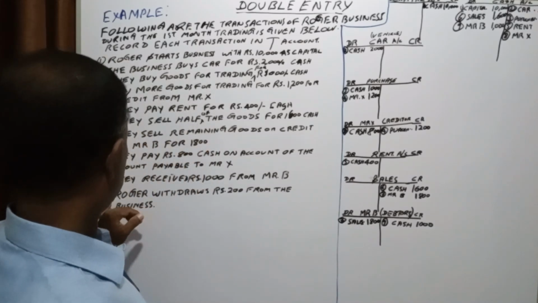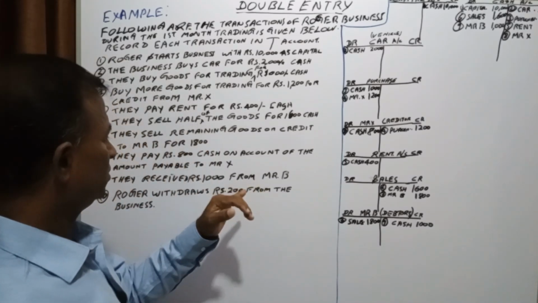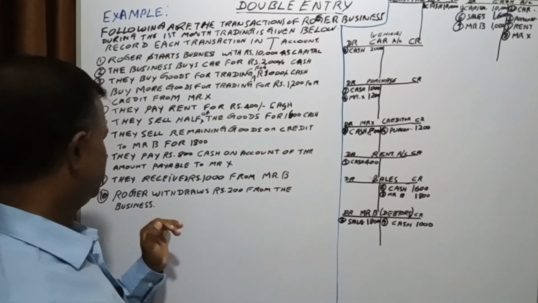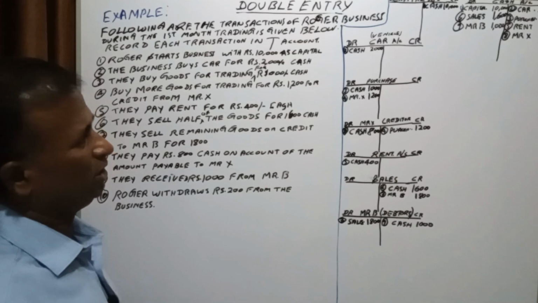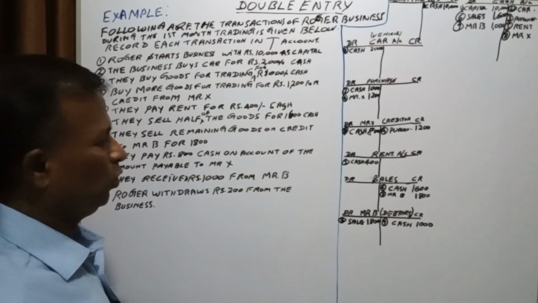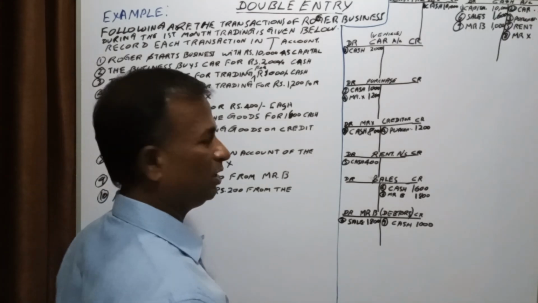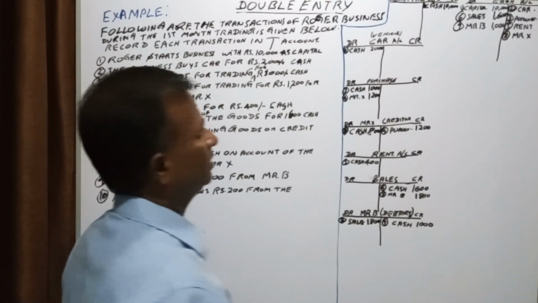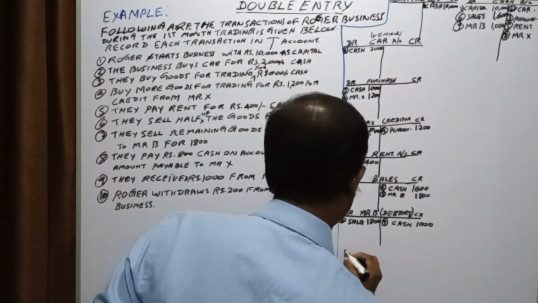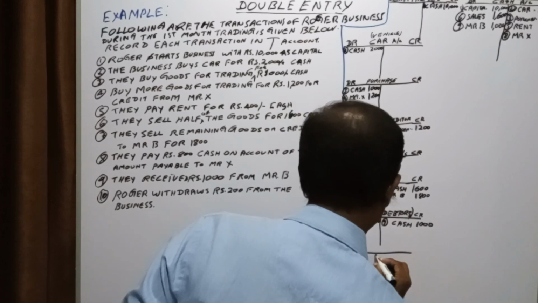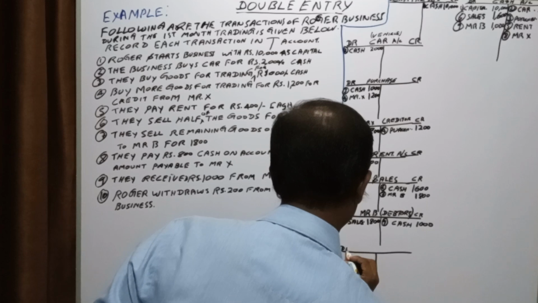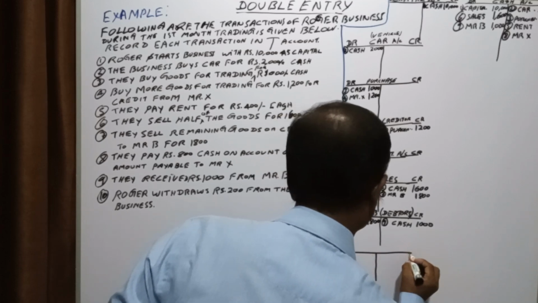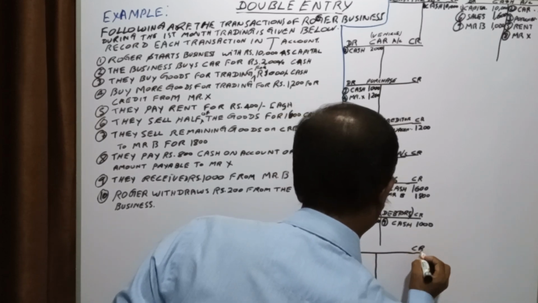Okay, Roger withdraws rupees 200 from the business. I actually want to open a new account, then only you can understand clearly. Okay, drawings by owner, drawings, this is debit, this is credit.